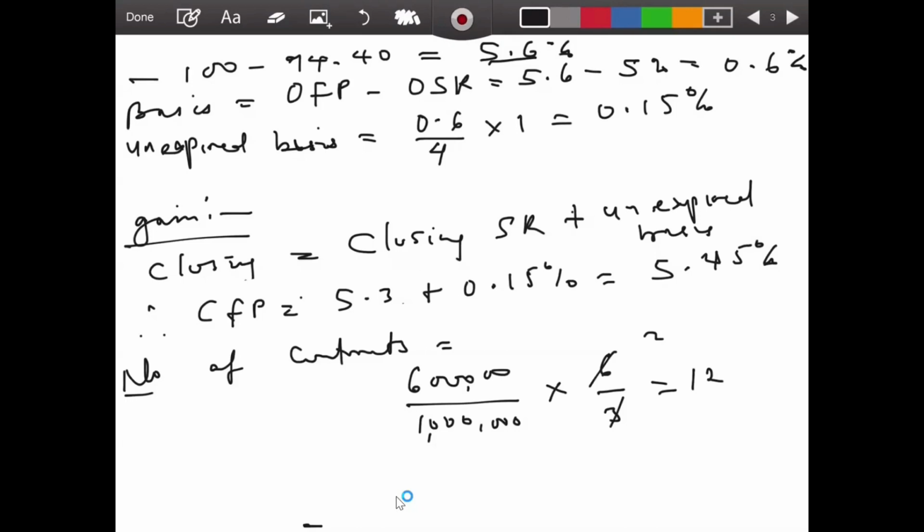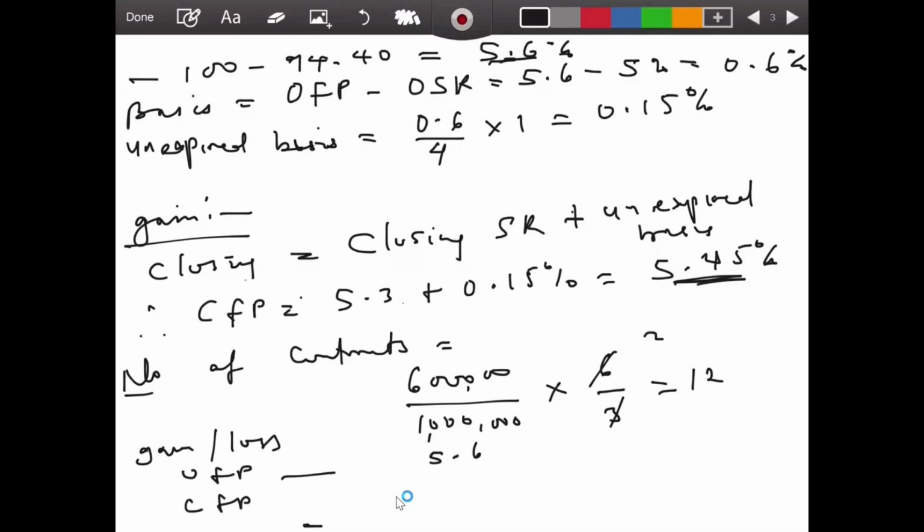So what will be the gain or the loss on 12 contracts? Let's see if the company will be making a gain or a loss. Closing futures price is 5.45 and the opening futures price is 5.6. The company opening by selling means the company will pay interest at 5.6%.